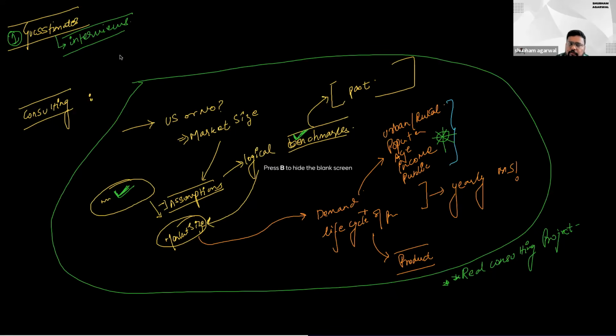Now, a few of the guesstimates are logical, like market size. A few are just very random, as random or creative as they could be, like how many table tennis balls you can fit in an aircraft, right? The reason for asking these is to check your creativity and logical thinking in a random, abrupt environment which is not standard.